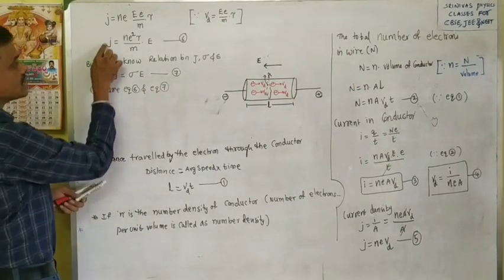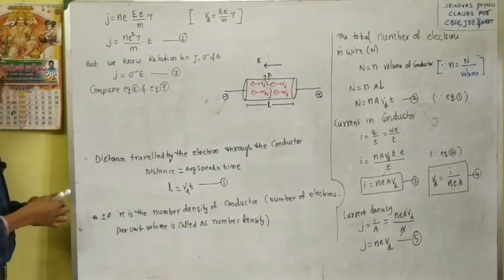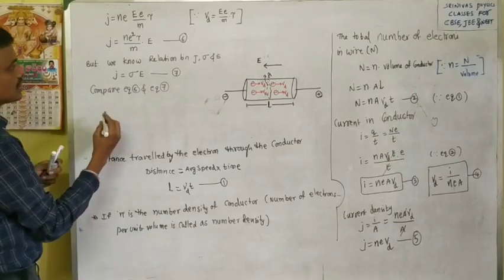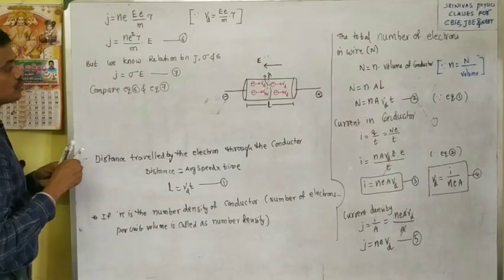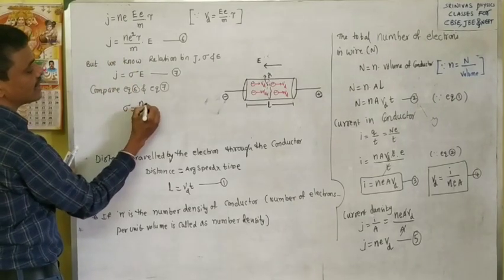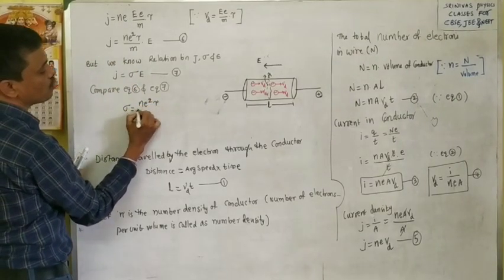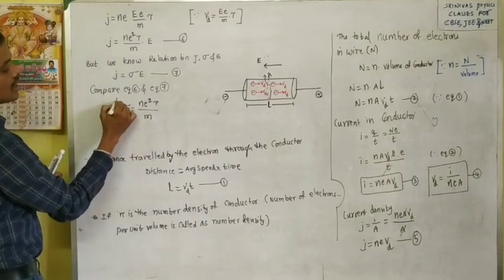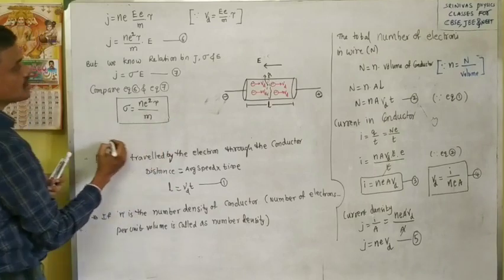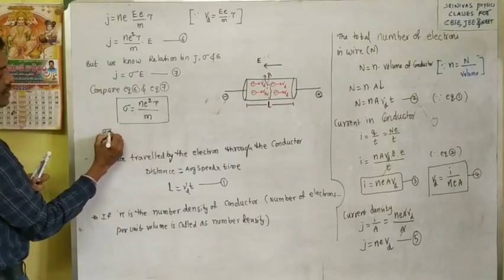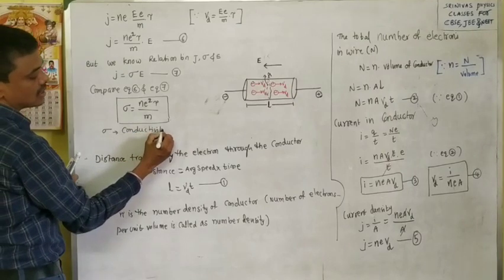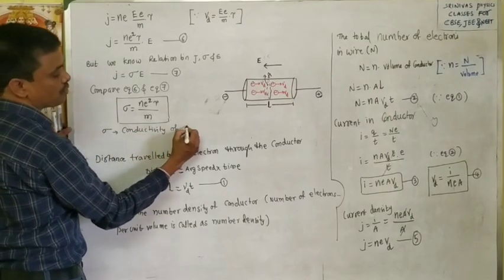J and J, E and E. Then we will get the sigma formula: sigma is equal to ne squared tau by m. Sigma means what? Can you tell? Sigma is conductivity of wire, right?